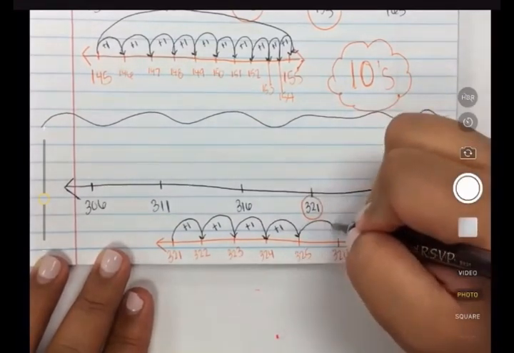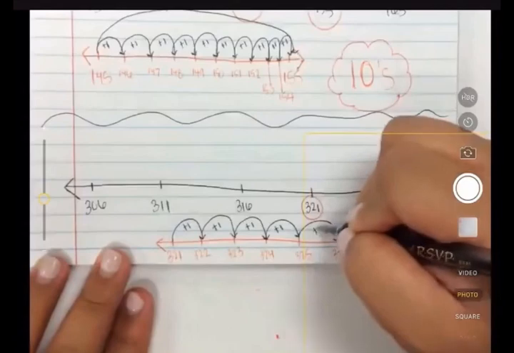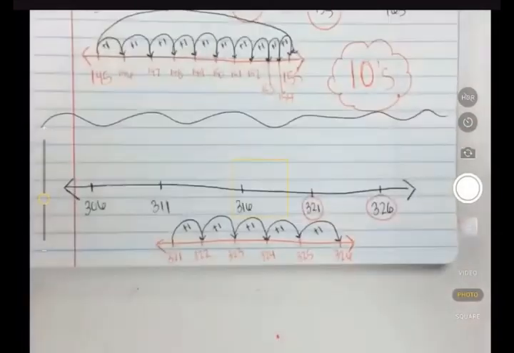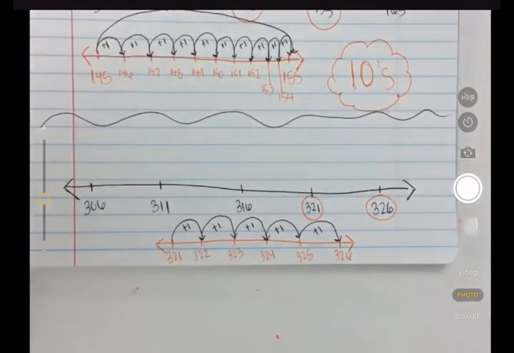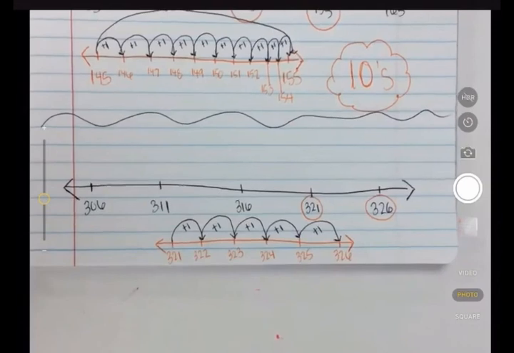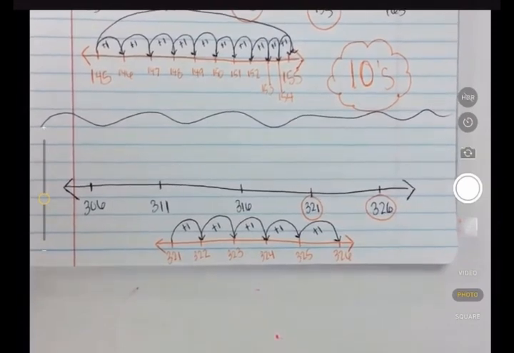And 325 to 326, that's another +1. In the chat, tell me how many hops did it take us to get from 321 to 326? Type it in the chat.